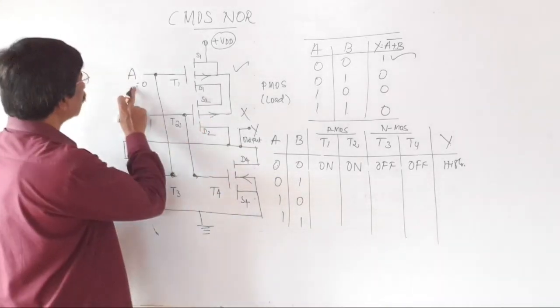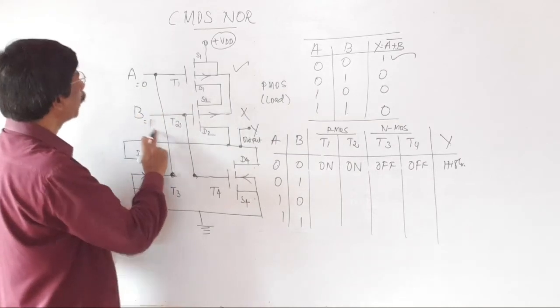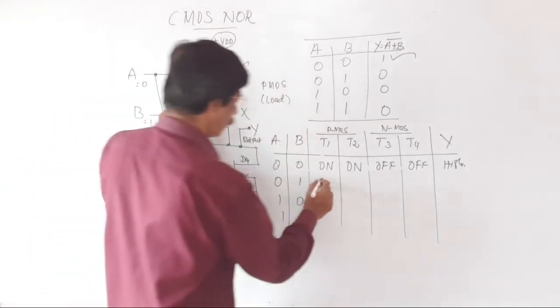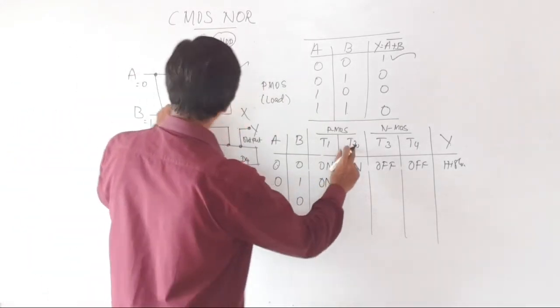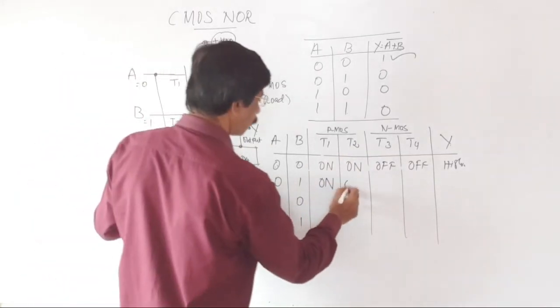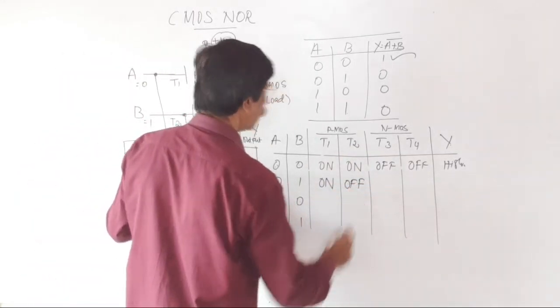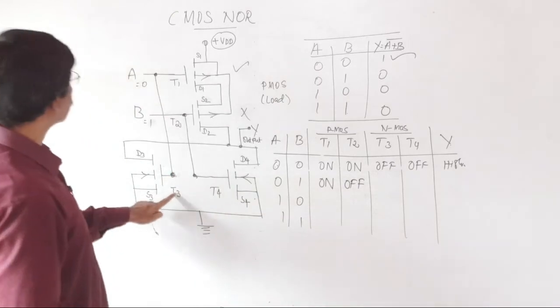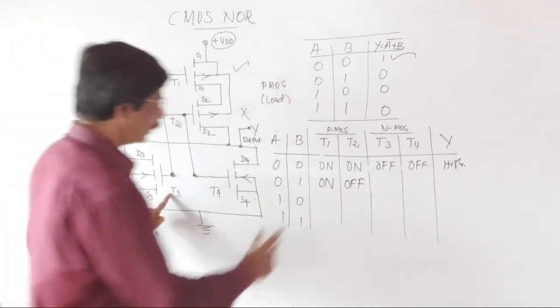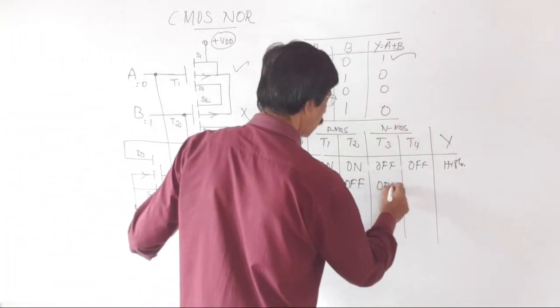For the combination A is equal to 0, B is equal to 1, T1 became on, T2 became off. T3 is connected to 0, definitely T3 is off.